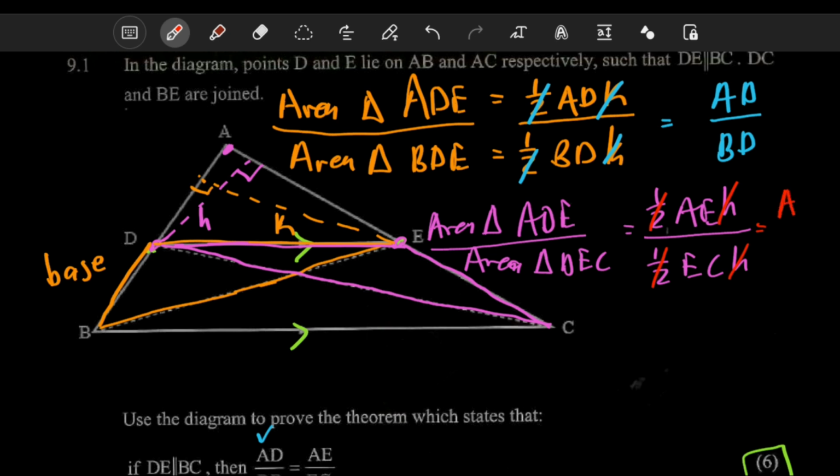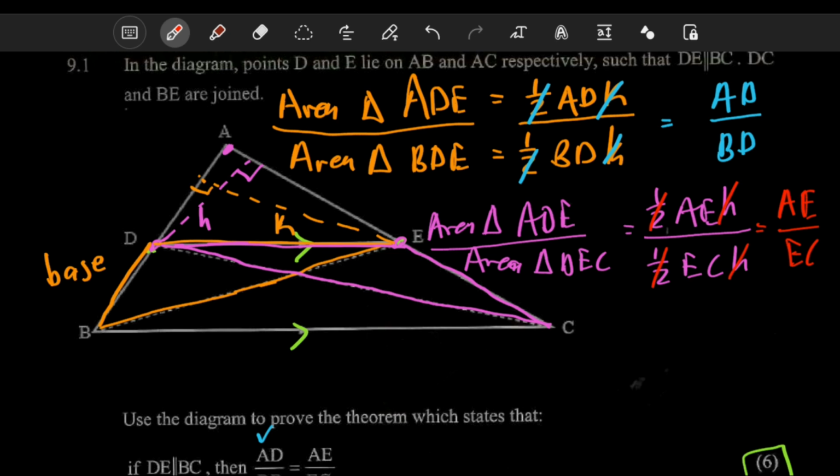because all the heavy lifting has been done. If you've done all this heavy lifting, it's time to celebrate, because at least this is like 80% of your marks. The last statement is you writing something that you know about areas of triangles and having parallel lines.